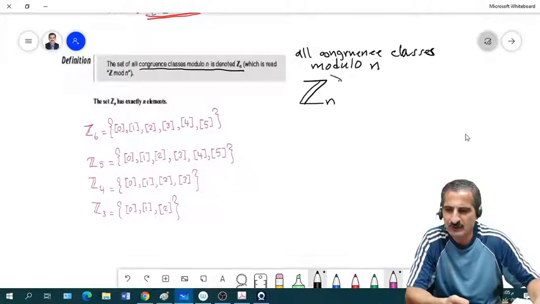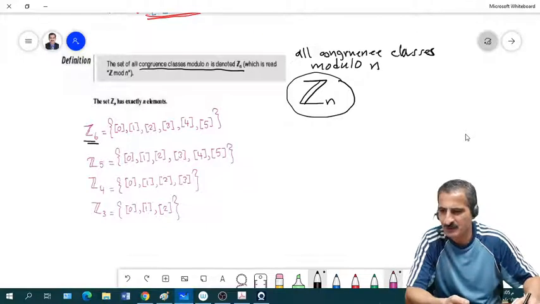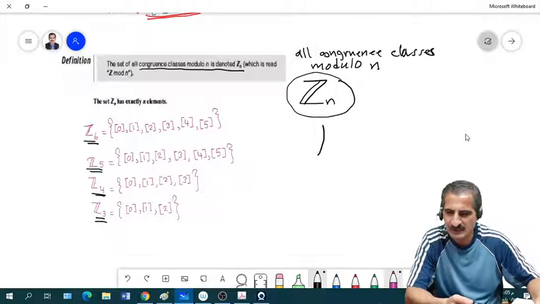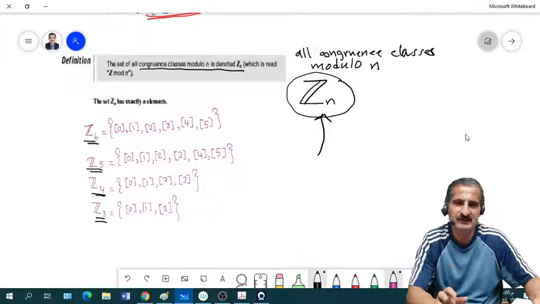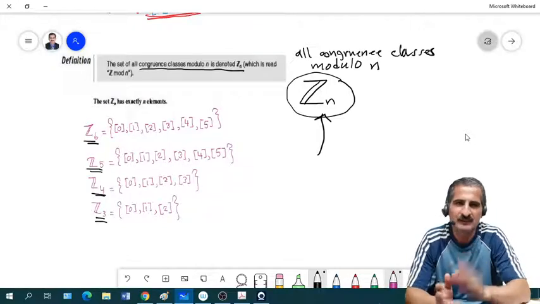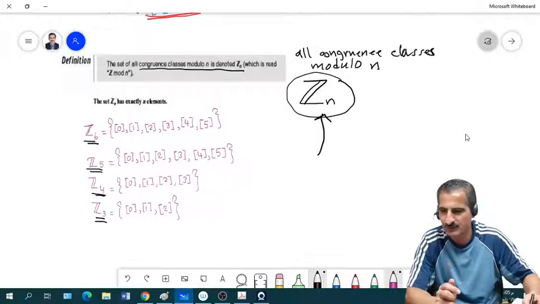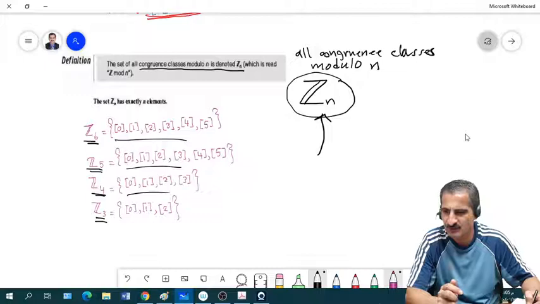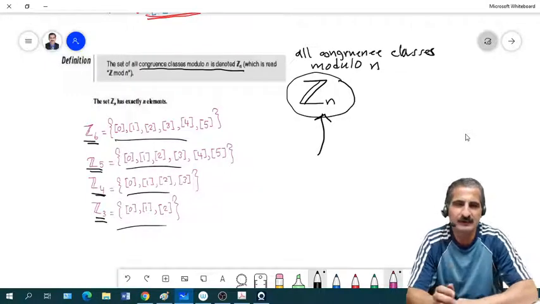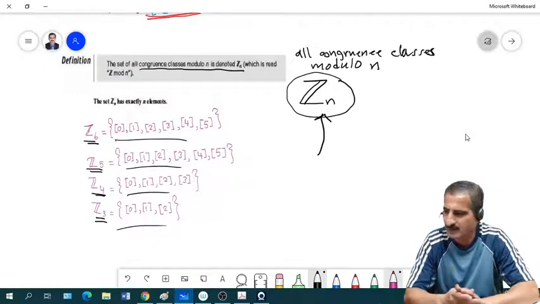We denote them this way, and all equivalence classes modulo 6, we have already seen it. All equivalence classes modulo 5, all equivalence classes modulo 4, and modulo 3. So these are notation. Actually, such a set will be very important for us later, because we will study groups and rings, and this is a group and it is a ring. We will see this notation, so you need to understand what these things mean, and we will do computations and we will need that many times ahead. Okay, and this is it.